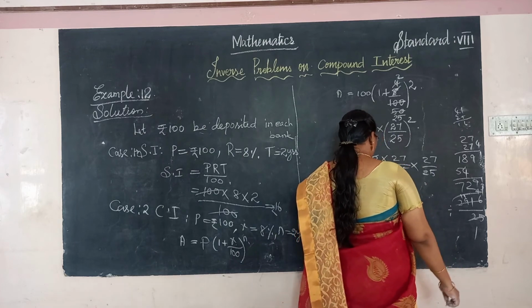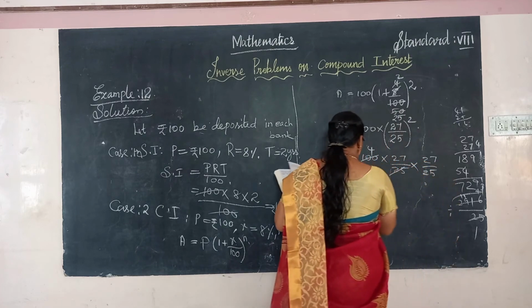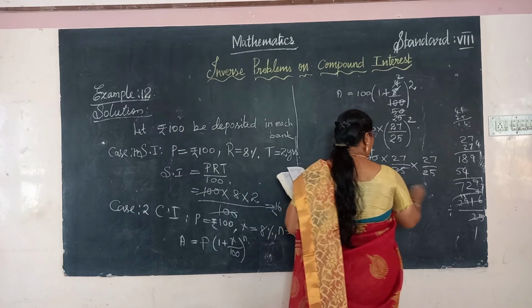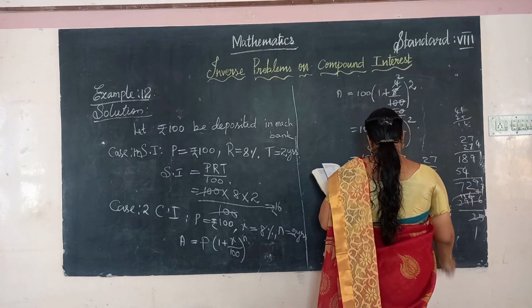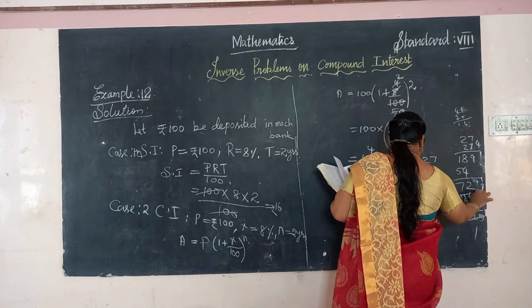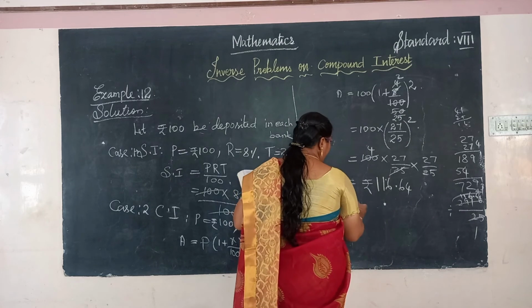So how many times is possible? 6 times. So the answer for this is rupees 116.64 paise.